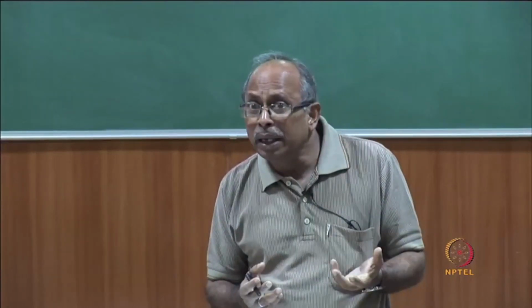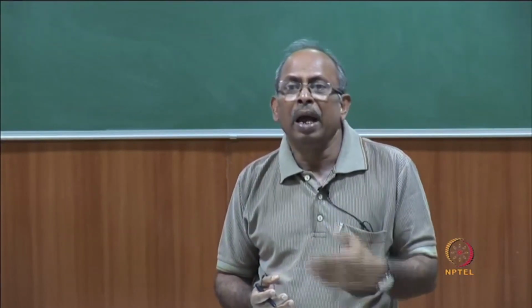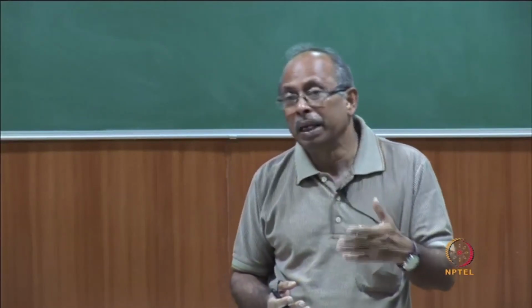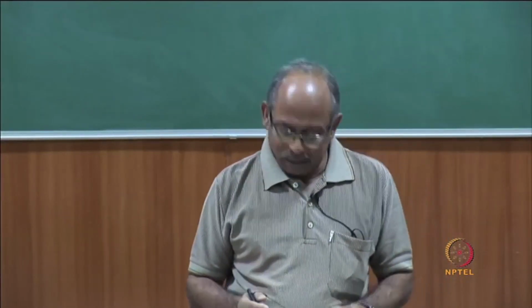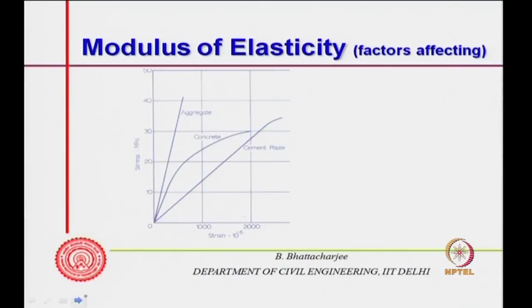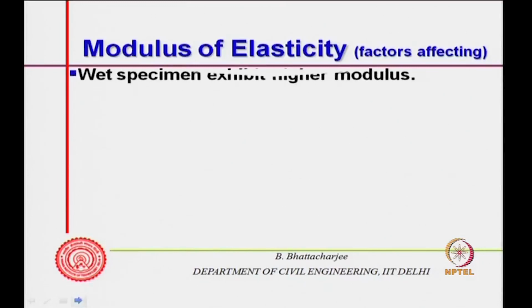So, high modulus aggregate will tend to give you a higher modulus of elasticity for concrete, and obviously, if you improve the paste modulus by increasing its strength, then you can get a higher modulus for concrete as well. So, that is the first thing. Among other factors, wet specimens exhibit higher modulus. Why?